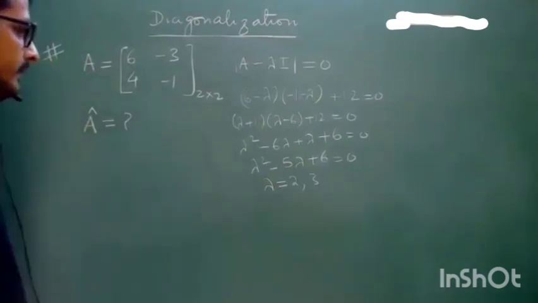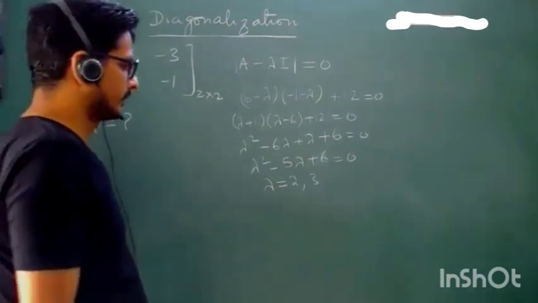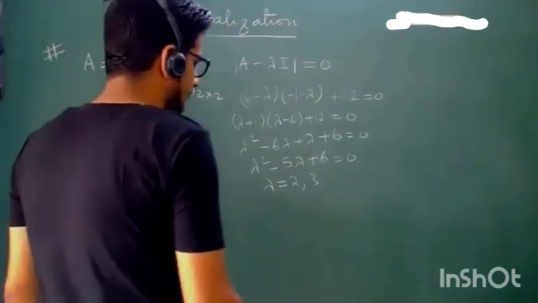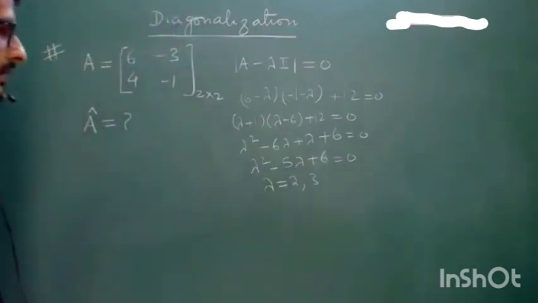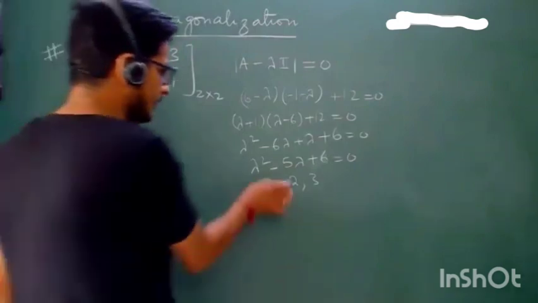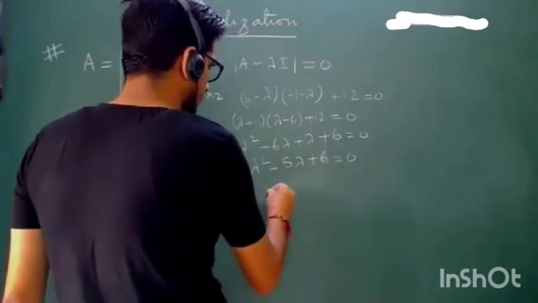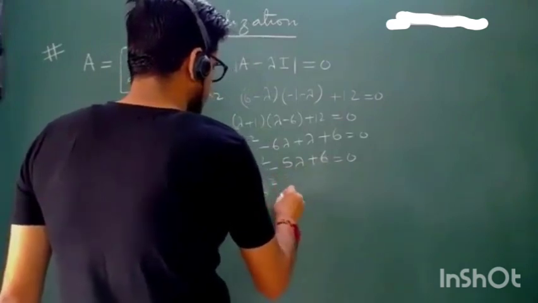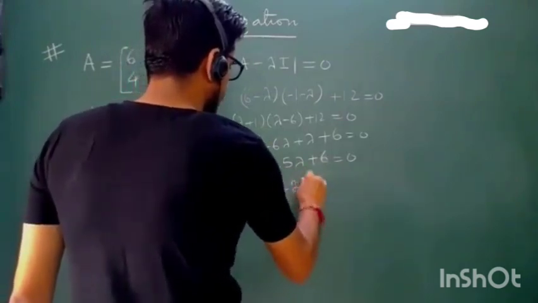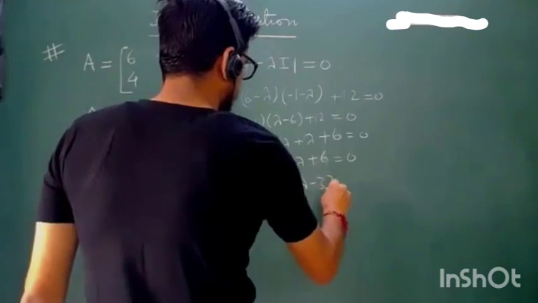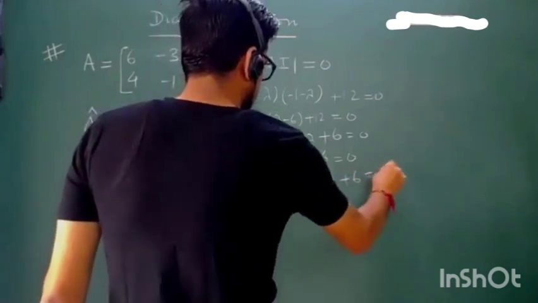So lambda will be -2 and -3. You have told me, I have not calculated. Lambda square minus 2 lambda minus 3 lambda plus 6 is equal to 0.